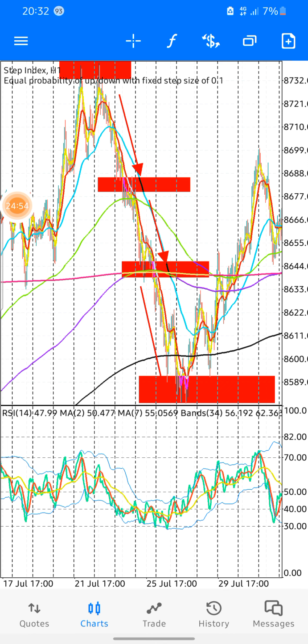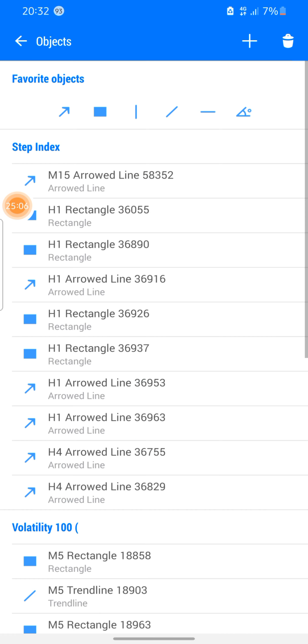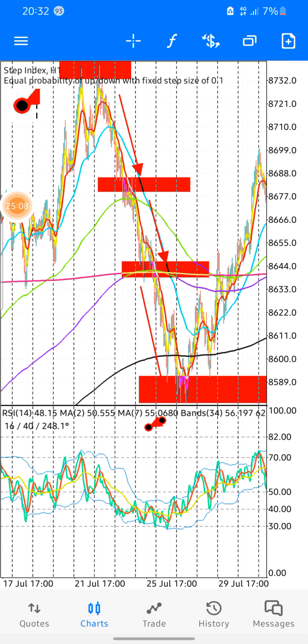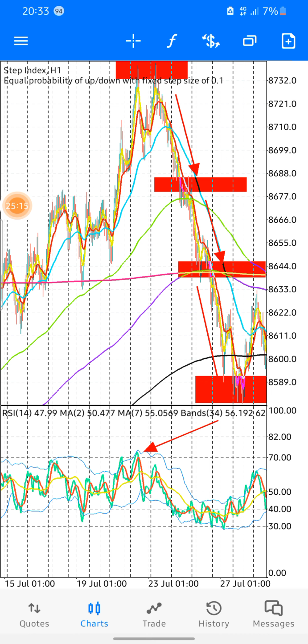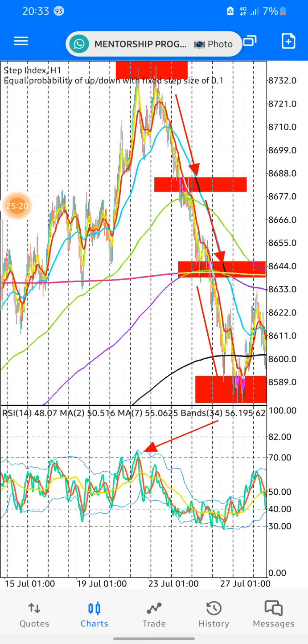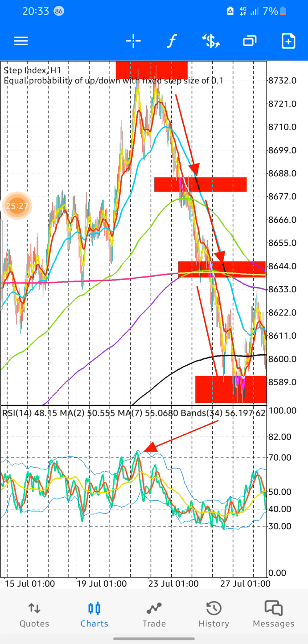Here, if you see here, let me put some arrows here. If you see here, where I've put the arrow on the traders dynamic index, that was a boundary bounce off.